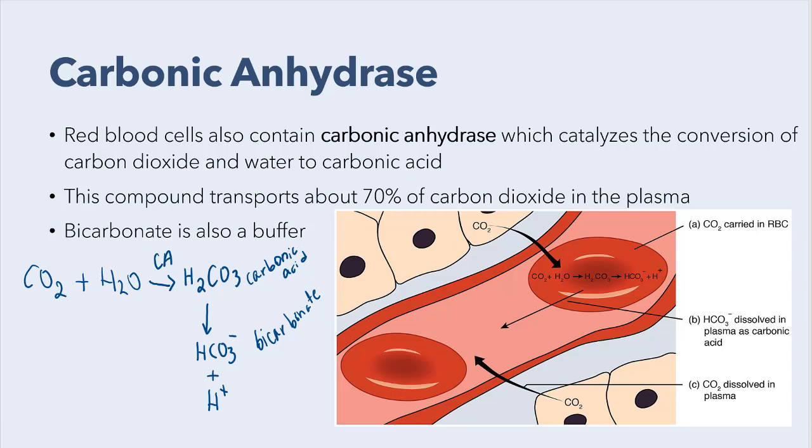It can bind to the H+ when there's too much H+ in the bloodstream. But most of the CO2 is transported in the form of bicarbonate, which allows it to dissolve in the plasma and circulate that way. In this video, we discussed the different properties of blood production, and characteristics of red blood cells.